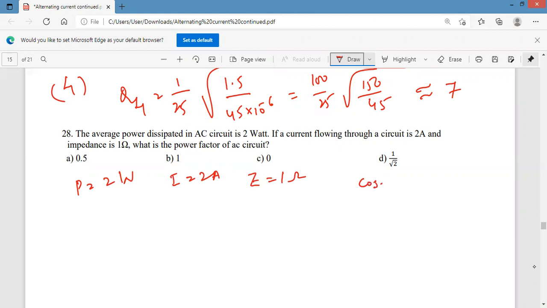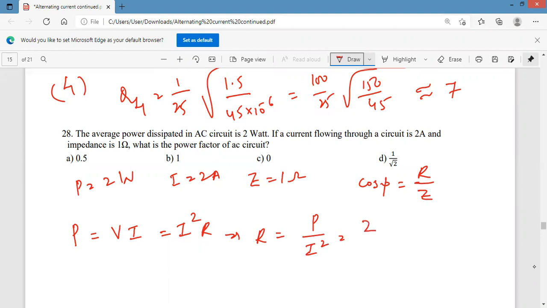So power factor is cos phi, cos phi is equal to R by Z. Z is given, but R you have to calculate. You know that average power P is equal to V into I, which is equal to I square into R, because we want R. Power is equal to I square into R, which implies R is equal to power by I square.